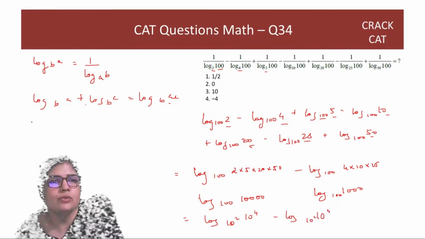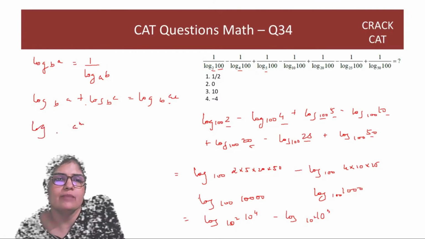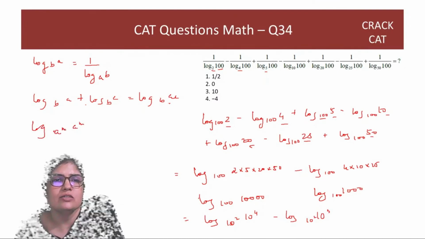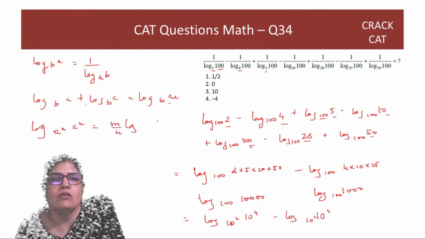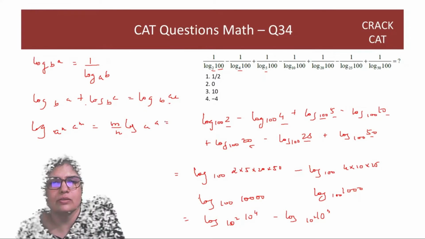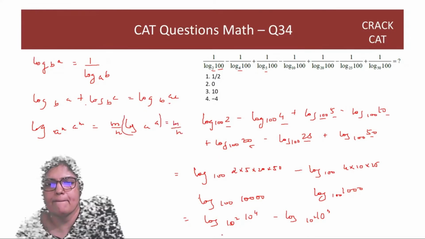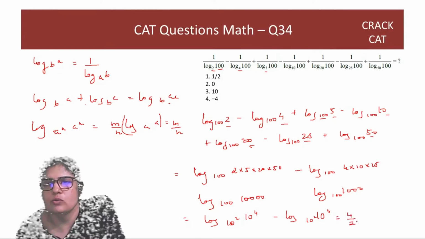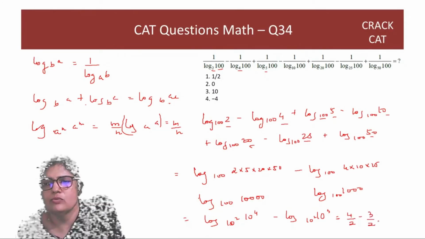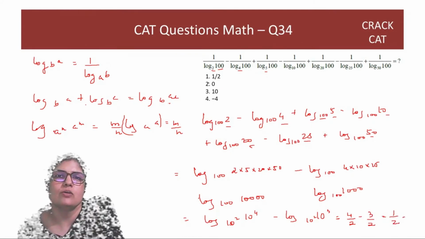And coming back to another result, log of a raised to m to the base a raised to n is nothing but m by n log of a to the base a, which is 1. This is only going to give you m by n. तो यहाँ पे भी we can write this as 4/2 minus 3/2, which will give us 1/2. That's your answer. First option, half.